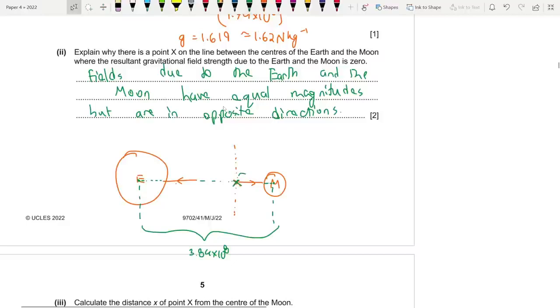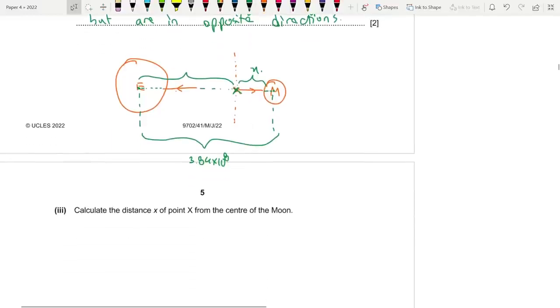So why don't we consider this distance to be x? There's a question where we deal with RE, the radius of the Earth, where the distance between the Earth and the Moon is 60 RE. It's quite similar. So the distance from the point where field strength is 0 to the center of the Moon is x.